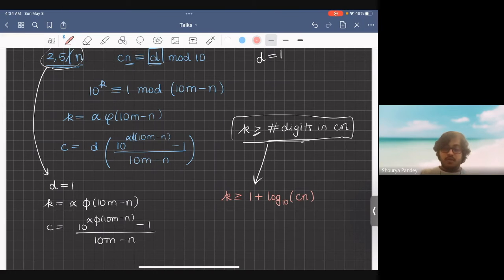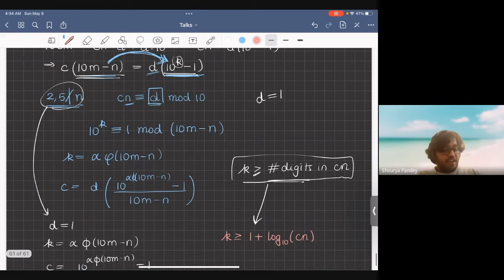For example, how many digits does 3748 have? It has 4 digits, and the log of 3748 is between 3 and 4. So certainly 1 plus the log is more than the number of digits. For 1000, it has 4 digits, and the log of 1000 is equal to 3.